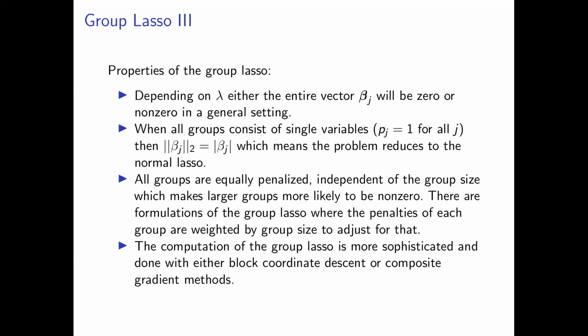This means just by creating a categorical variable with 10 instead of 2 categories, we make it much less plausible that this one will be shrunk to 0 by this group lasso, even though if none of the 10 categories have any effect, we would still wish to have it removed.